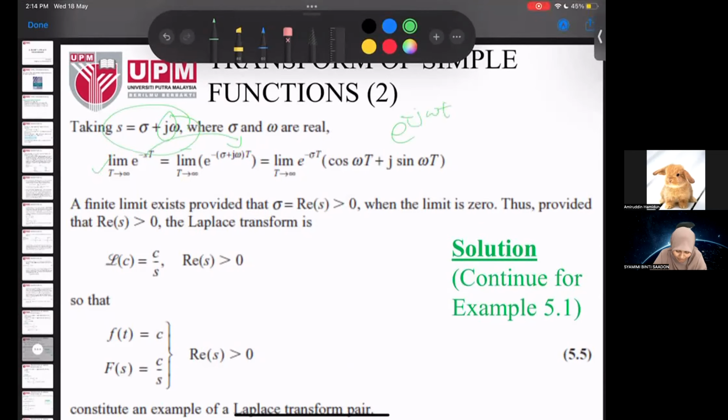Exponential j omega t can also be written as cosine omega t plus j sine omega t.